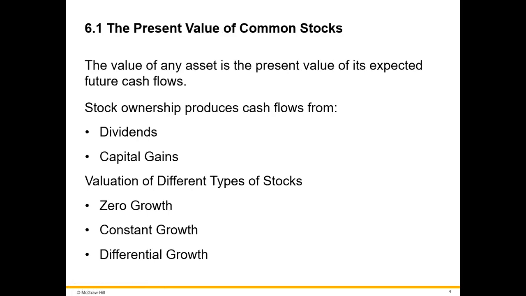Now, so you know, and we do this a lot in accounting, when we need to value what an asset is worth today, we take the present value, so those calculations we've been doing, of all of its expected future cash flows. That's what we did with the bonds, right?